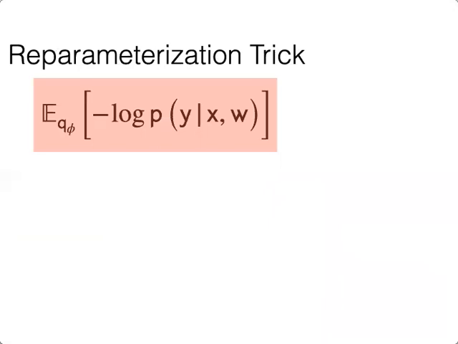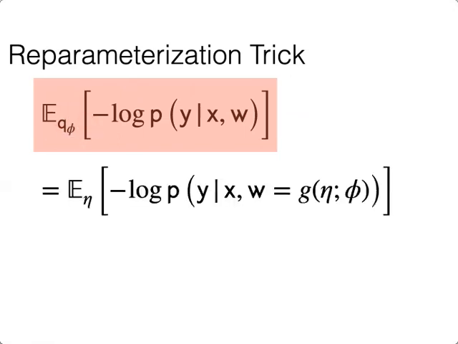And so the main trick for evaluating this term is what you might have seen already for variational autoencoders. It's called the reparameterization trick. That is, we take this expectation over our variational distribution Q and reparameterize it as another expectation over some alternative distribution. We'll just call it eta here for the random variable.